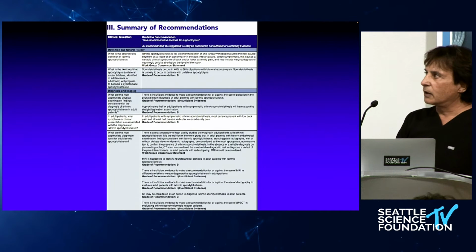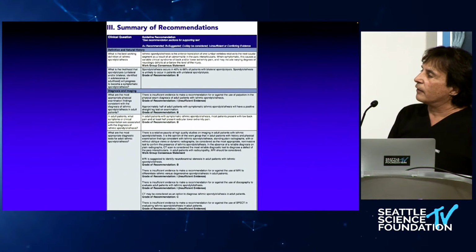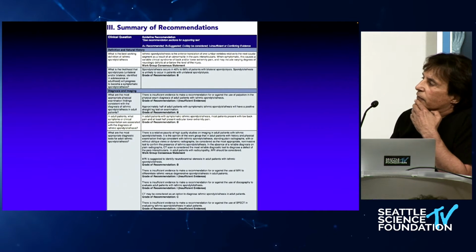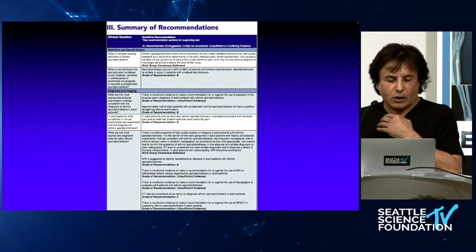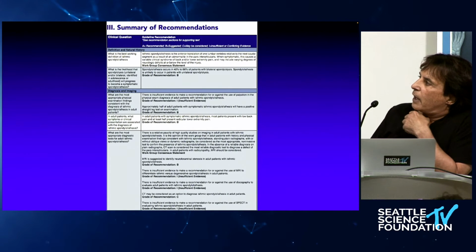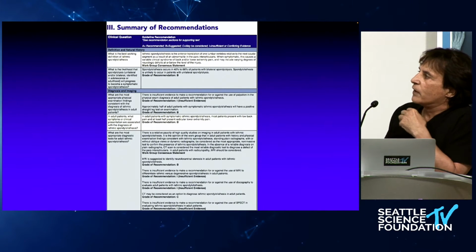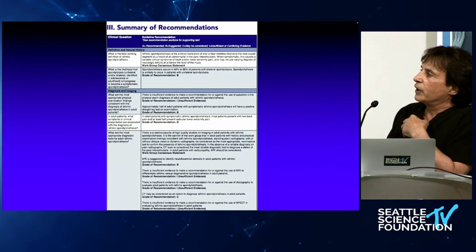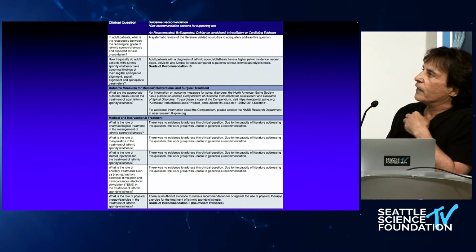And here's what they came up with for the commonly posed questions. We can't look at all of these, but what we can see is, for adult patients, what symptoms do they commonly present with? It's low back pain plus or minus leg pain, and there's pretty good support for that.